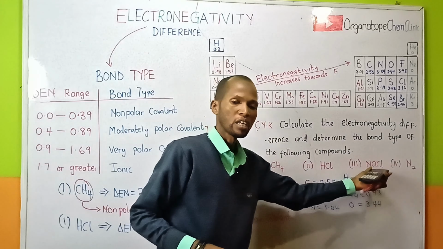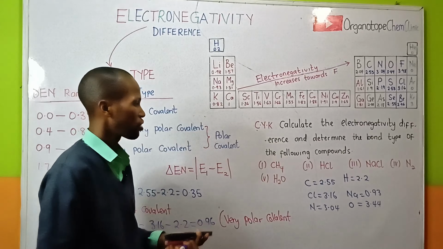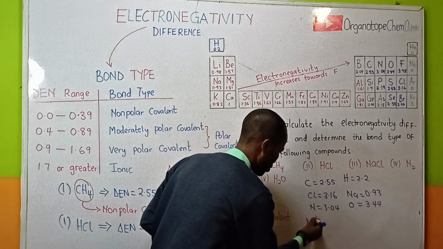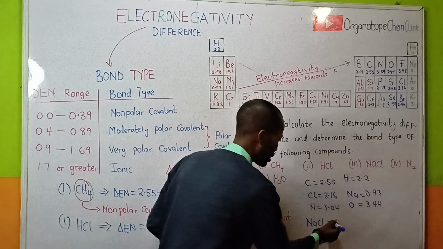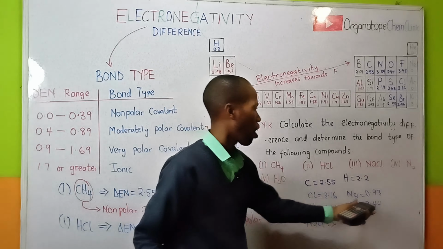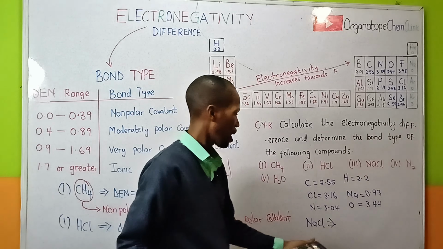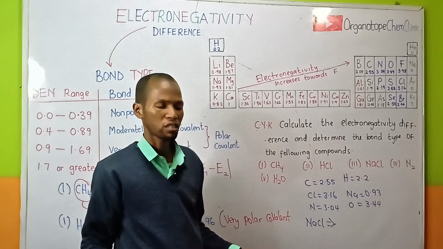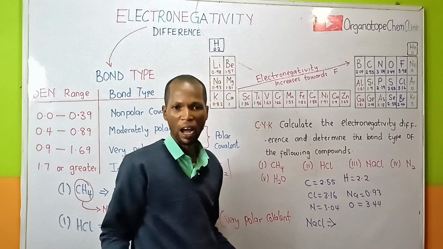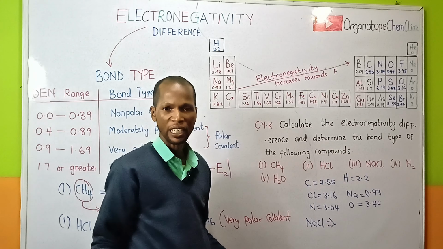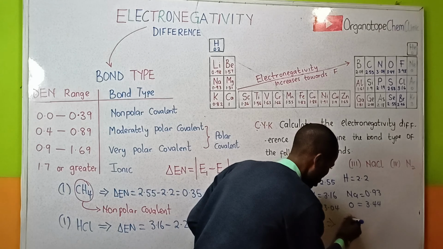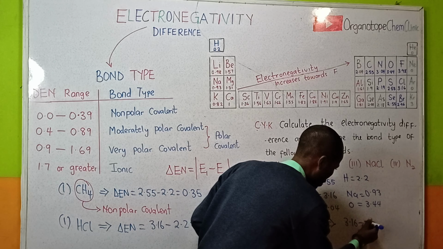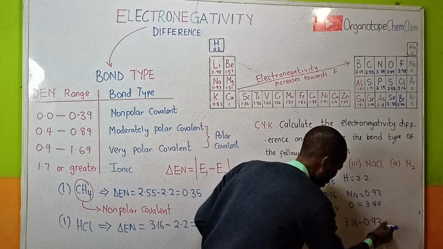We have the sodium chloride. In sodium chloride, we have the sodium atom, which has the electronegativity value of 0.93, and chlorine has electronegativity value of 3.16. 3.16 is greater than 0.93, so we have 3.16 minus 0.93.